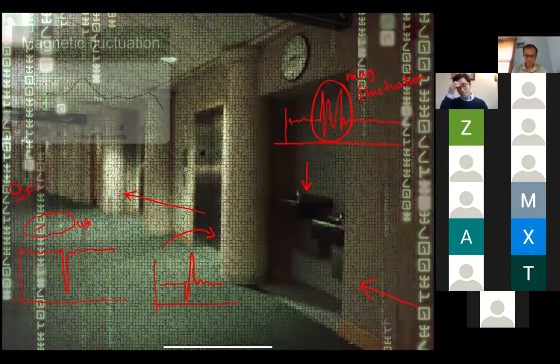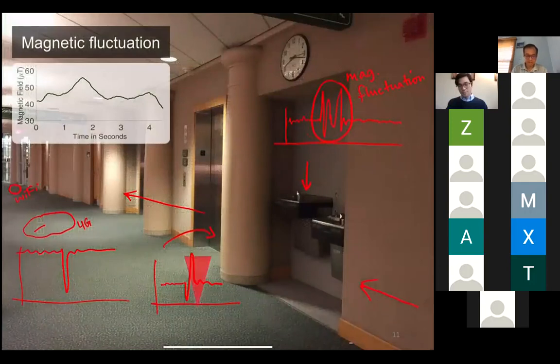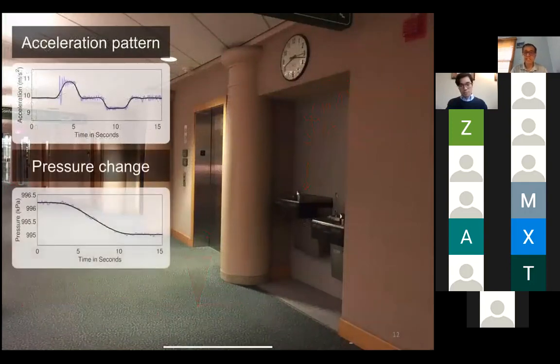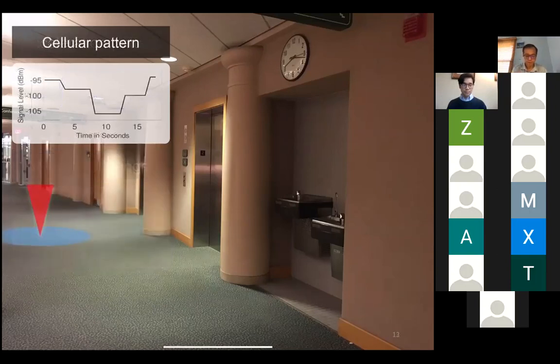Okay. So magnetic fluctuation, pressure change, right? In fact, when you go from one floor to the other floor, the barometer changes. Phones sometimes have barometers in them because they want to do 3D location. So all of these are essentially stars in quotes, or landmarks.